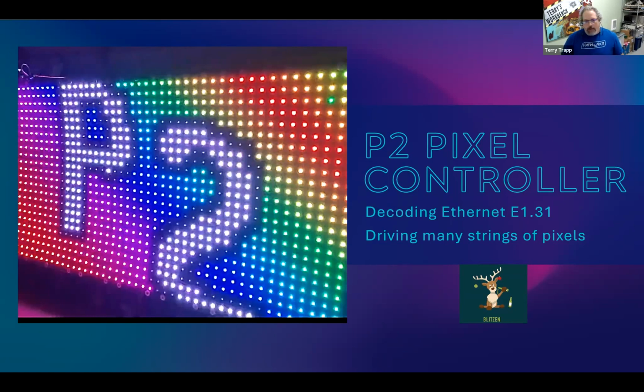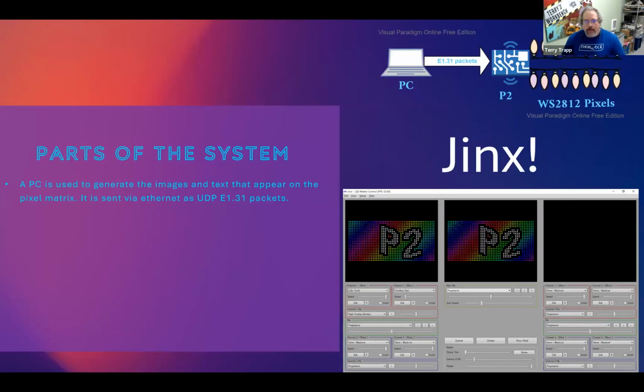And so typically in the larger displays, you use some type of control software to do that. And that control software uses a protocol called E1.31. It's an ANSI standard that I believe the Entertainment Technology Association came up with.